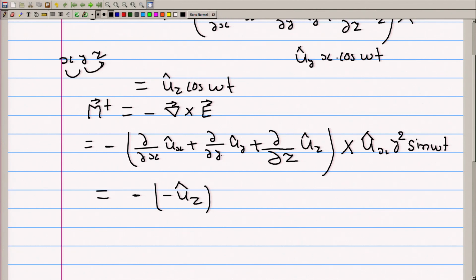On y squared it will be 2y, and sin omega t is a constant. So, Mt will be uz 2y sin omega t. So, this is the Mt.